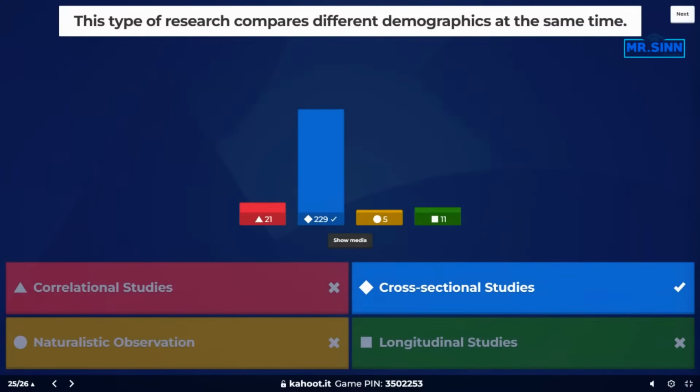All right, majority of people did get this one. When we're looking at our different studies here, looking at different demographics at the same time, it would be cross-sectional. So this is comparing our different groups, for example, ages compared at the same time. Correlational studies, remember, show relationships between two variables.